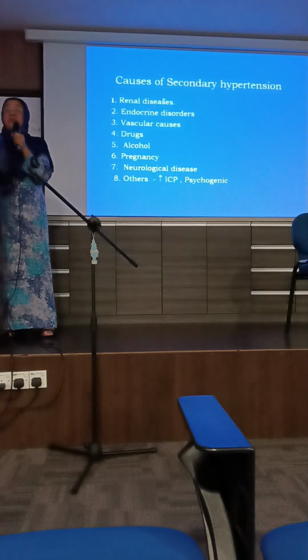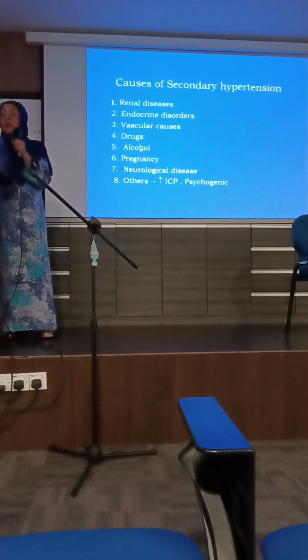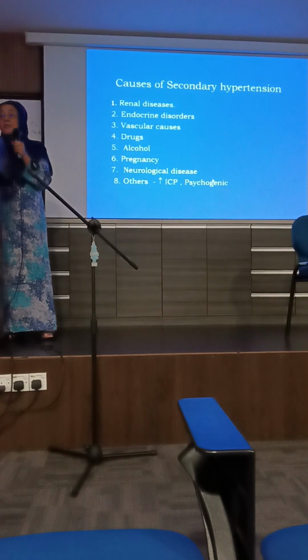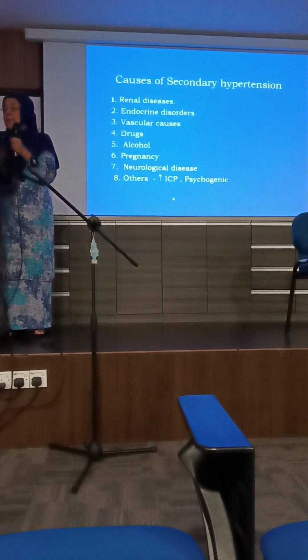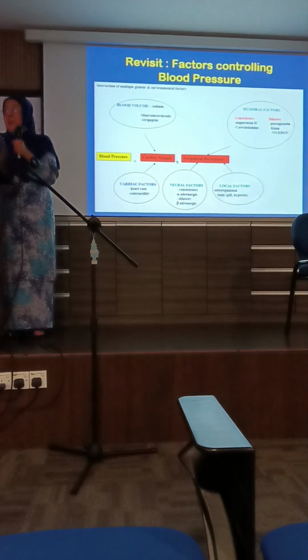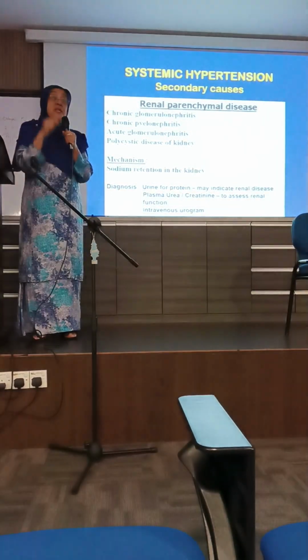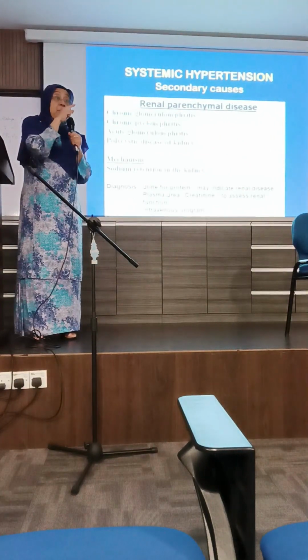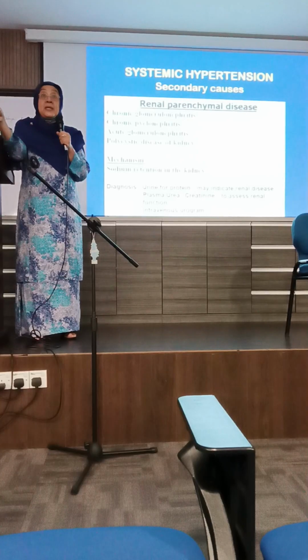These are the causes of secondary hypertension. It can be secondary to renal disease, endocrine, vascular, drugs, alcohol, pregnancy, neurological diseases, and others. For example, increased intracranial pressure and psychogenic factors can lead to high blood pressure. Let's take kidney disease. I just told you prolonged chronic hypertension leads to renal disease.